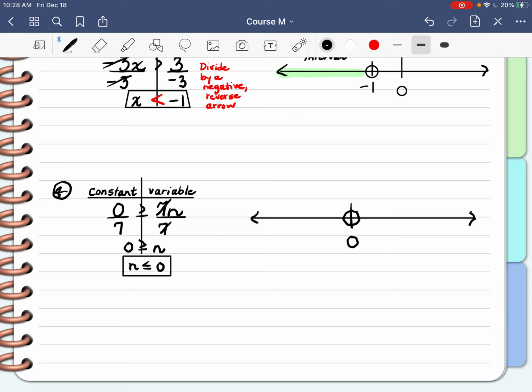It does contain equal to. It's less than or equal to. So we close the interval. And the arrow in standard form tells me to go below 0. So anything in that green area less than 0 is a solution to this inequality.